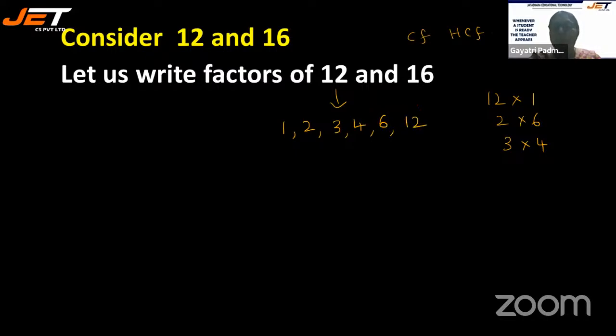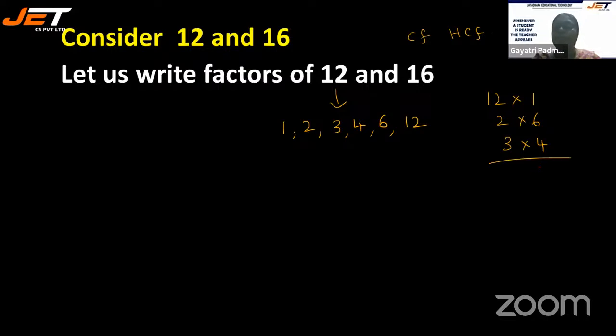Because 2 6s are 12, 3 4s are 12, 6 2s are 12, and 12 ones are 12. Okay, so 1, 2, 3, 4, 6, and 12.